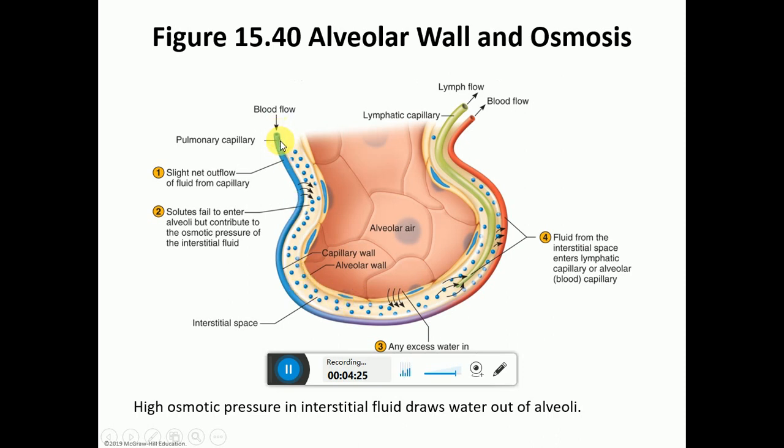Now the blood coming from the right side of the heart, as we said, is deoxygenated or venous blood, and as it passes through this blood vessel, there is exchange of gas where carbon dioxide diffuses from the blood vessel into the alveolus, and oxygen diffuses in the opposite direction, where it goes from the air in the alveolus into the capillary, and the blood emerges on the other side as now oxygen-rich or oxygenated blood. Now all of that oxygenated blood again is going to be dumped into the left atrium through 4 pulmonary veins.